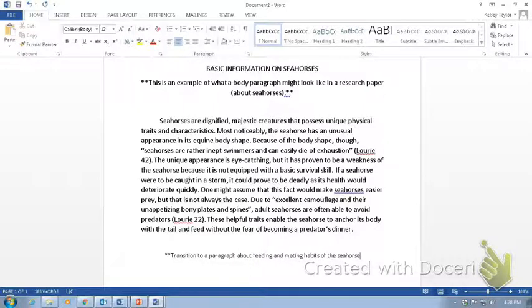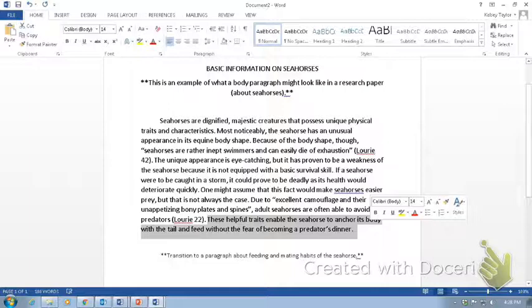So I feel like this paragraph is well developed, and it's sufficient. And so what I would do here is this last sentence right here lends me to be able to transition out of this topic and into the topic of their feeding and mating habits. So that's kind of where I would go with it.